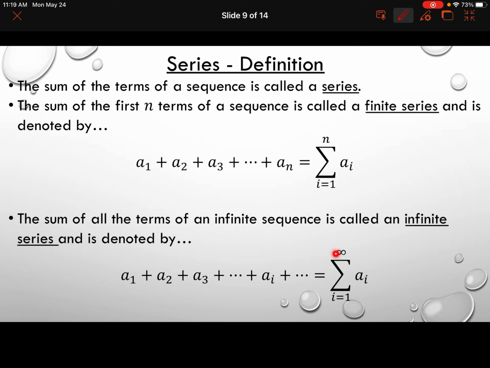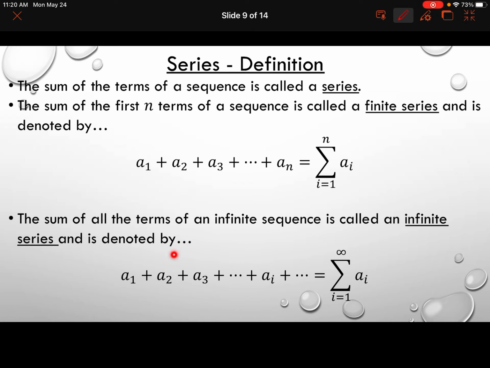There's no finish to this series. It just keeps on going. If you're at the 1,000th term, I have to find the 1,001st term, so on and so forth. So you're just going to keep on going, finding all the terms, adding them all up indefinitely.